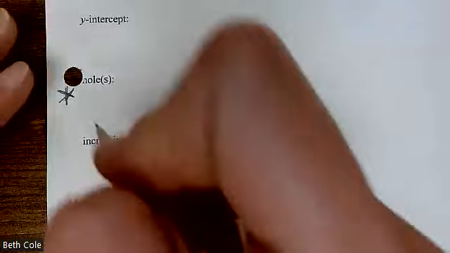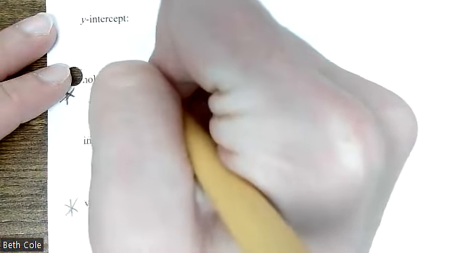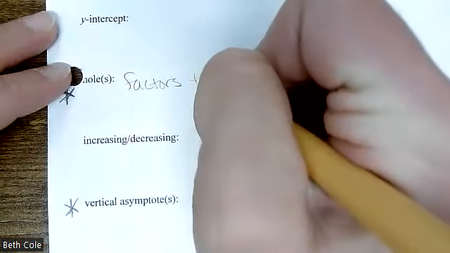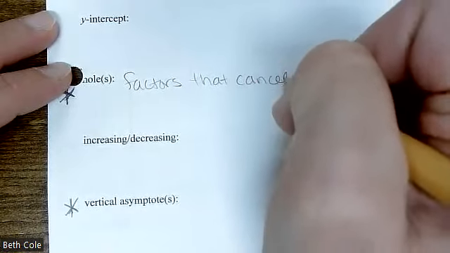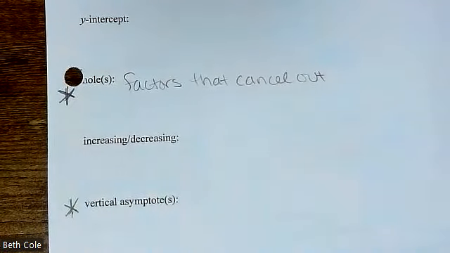So how do you know which one it became? The holes come from factors that cancel out. So if it canceled, then it's going to be a hole. And if it didn't cancel, then it's the vertical asymptote.